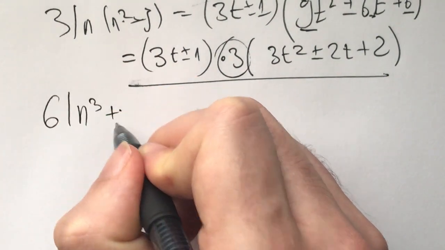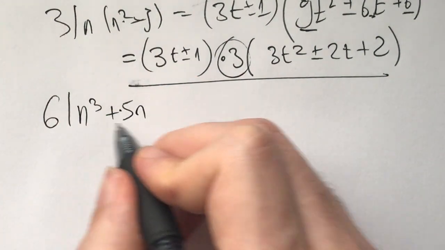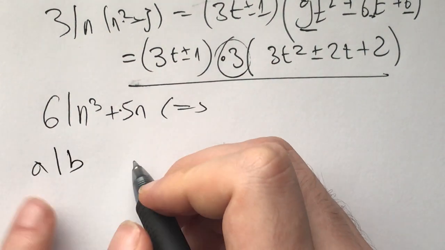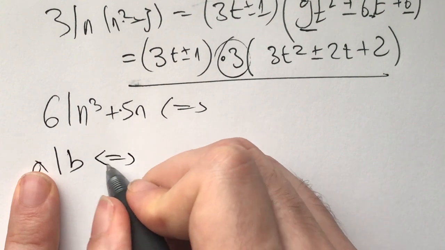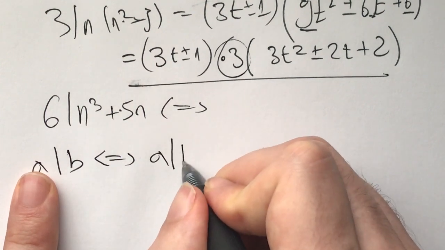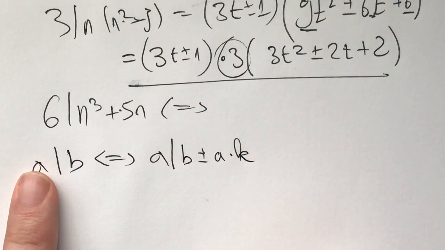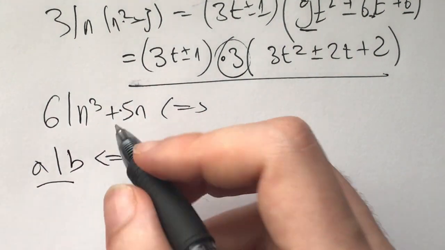6 divides this, and this is true if and only if, so we're using this rule now: A divides B if and only if A divides B plus or minus A times K. How do we prove this?